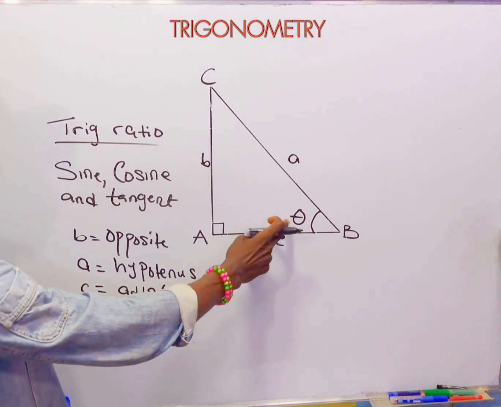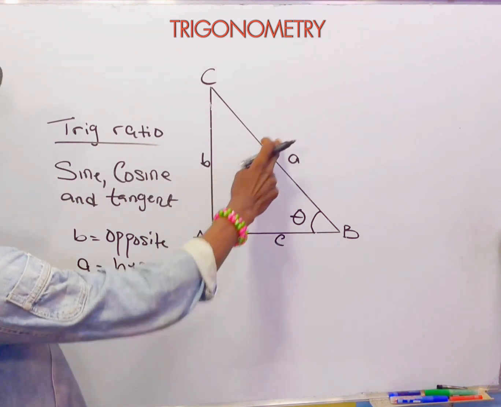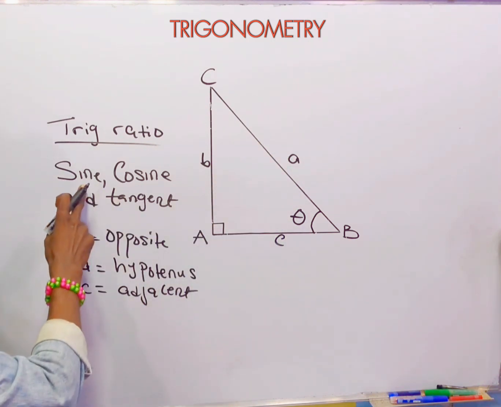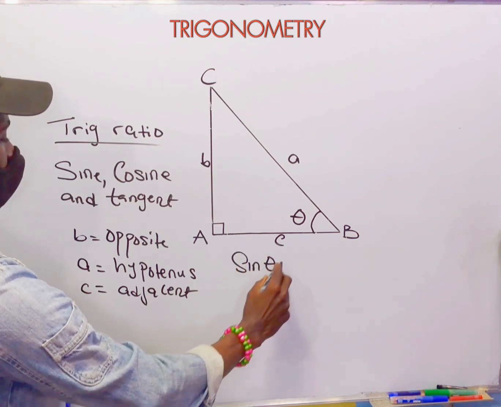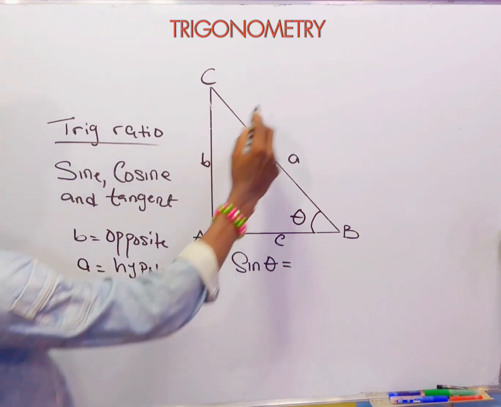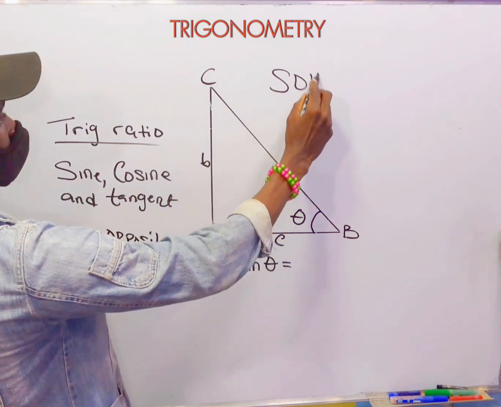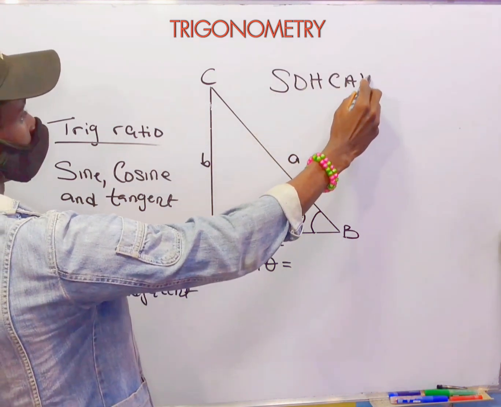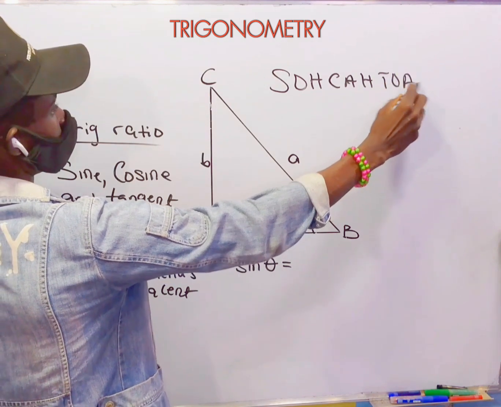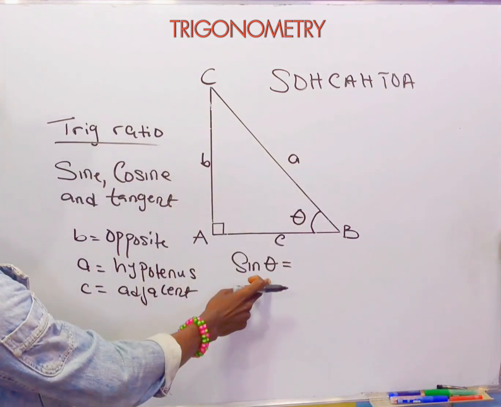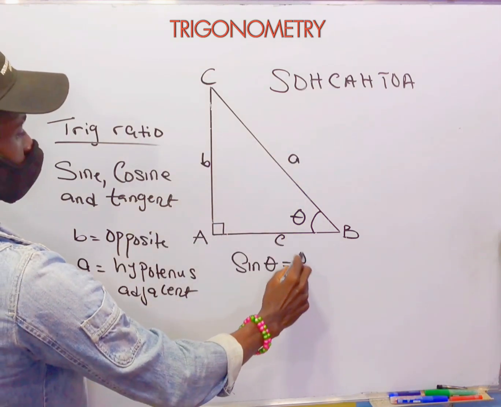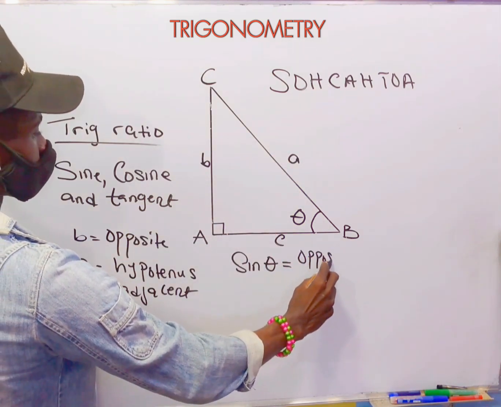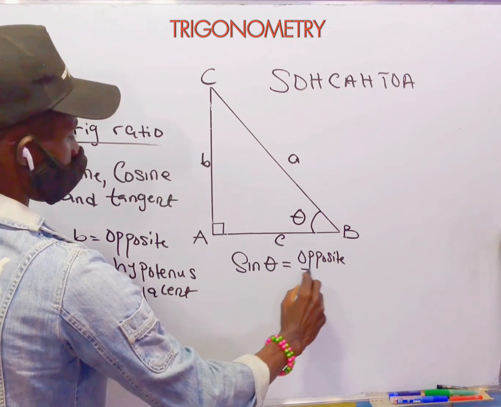Therefore, to find either the angle or the side, we could use sine, which is sine theta from SOHCAHTOA. Sine theta is opposite over hypotenuse.